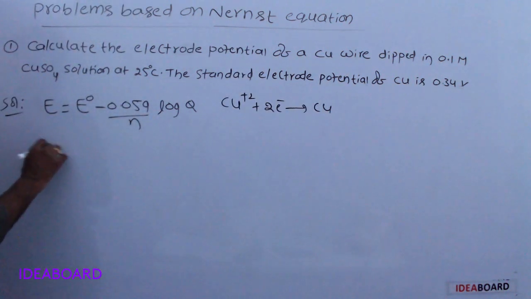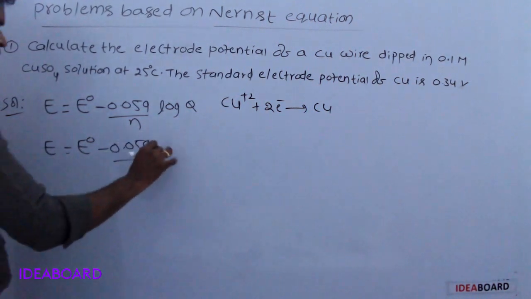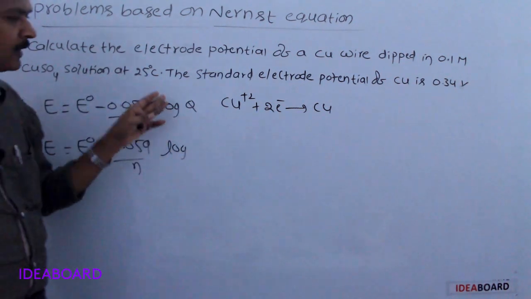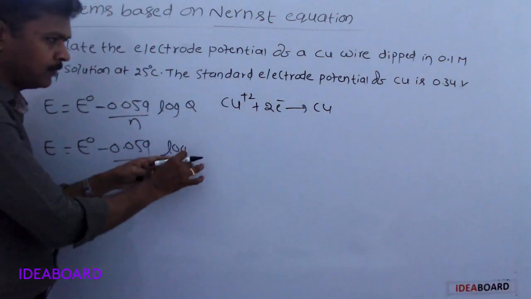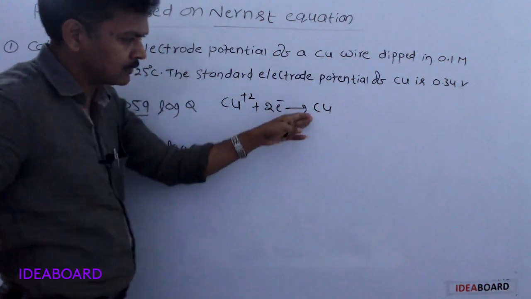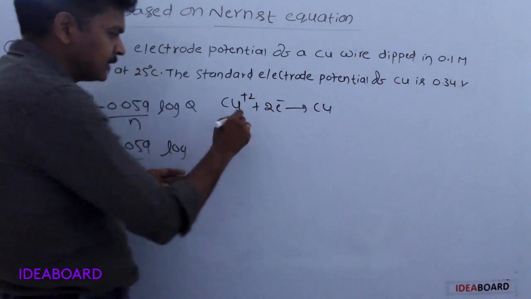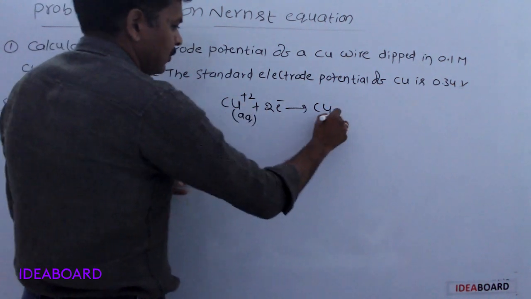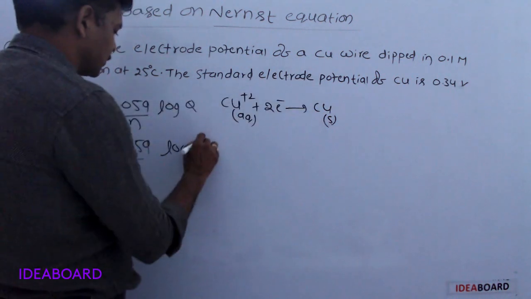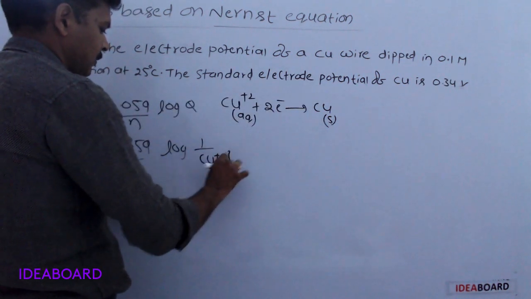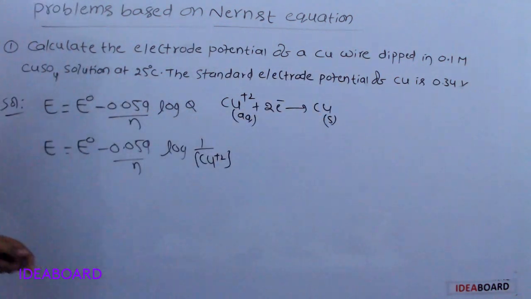So here E is equal to E naught minus 0.059 by n log Q, where Q is the reaction quotient. For this reaction, Cu is a solid, so its active mass or concentration is taken as unity. Instead of Q we write 1 by Cu plus 2 concentration.